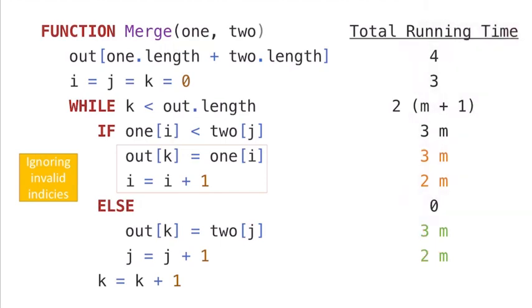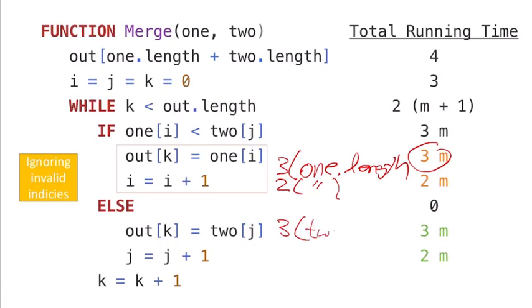Another way, if you want to be a little more precise, is you could say that this is 3 times, this right here would be like saying 3 times the length, and likewise this is 2 times 1 dot length. This is 3 times 2 dot length.